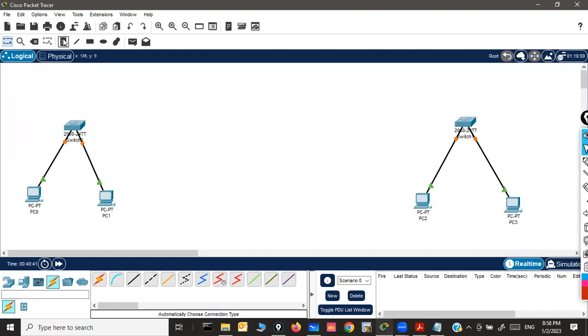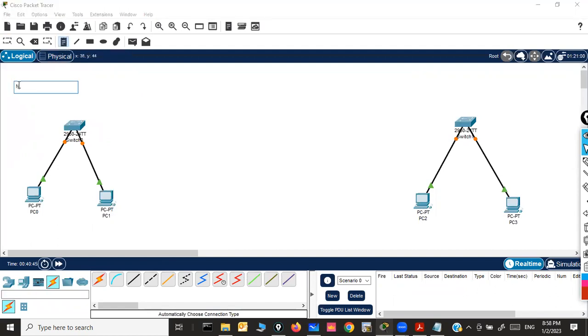Okay, so this is my network A. Network A means any location, of course. And I'm going to use this network address 10.0.0.0/8, meaning the IP addresses will be provided from the same range.